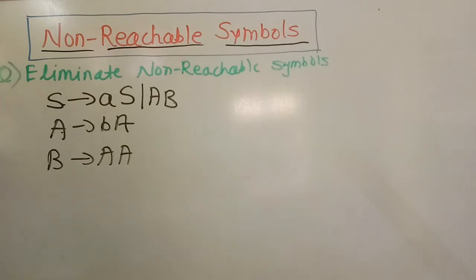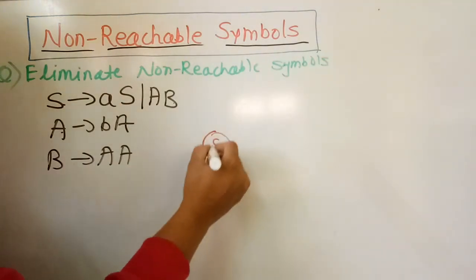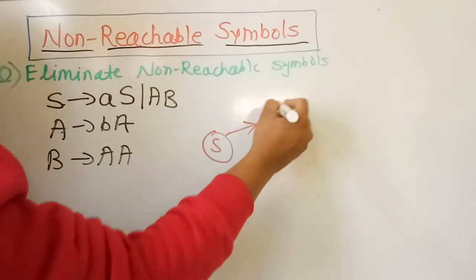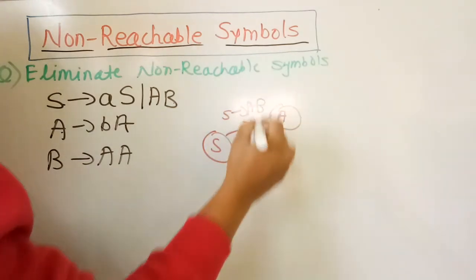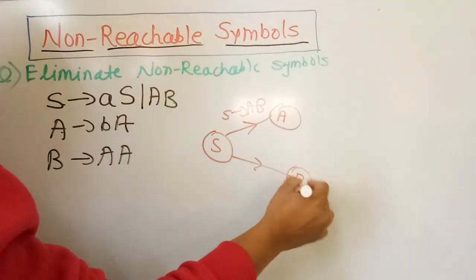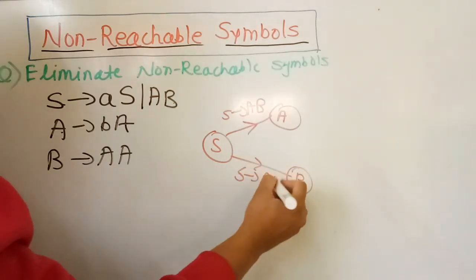Consider this example. We will write a dependency graph, that is S is dependent on A by the production rule S gives AB, and S is dependent on B by the production rule S gives AB.